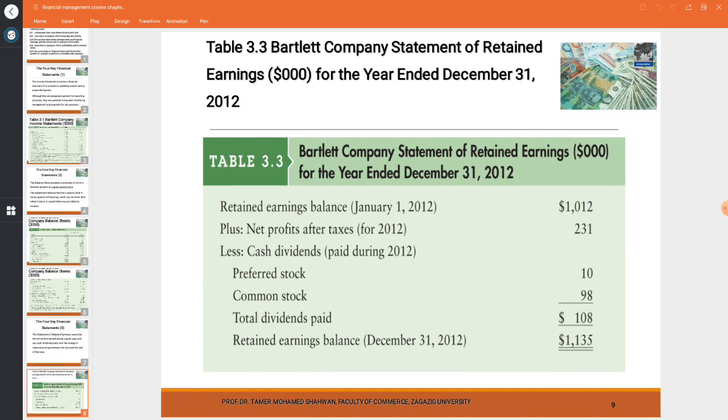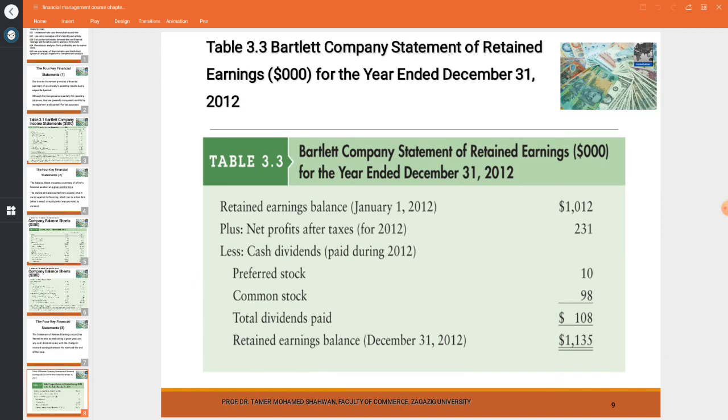In our case, if there are dividends for preferred stocks or dividends for common stocks, those dividends must be considered as cash dividends and must be subtracted from the sum of the retained earnings balance and the net profit after taxes.